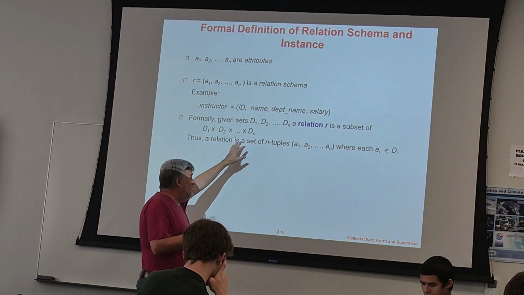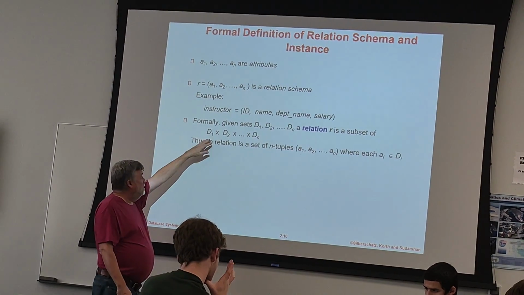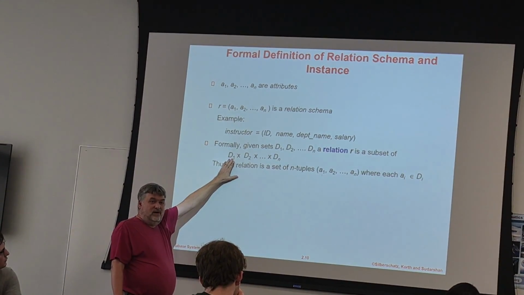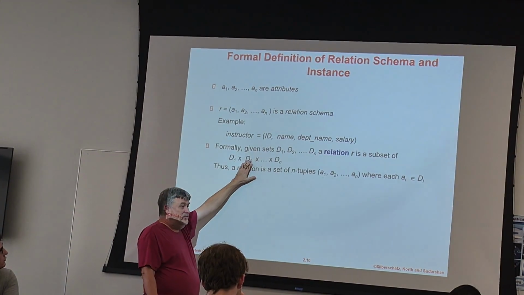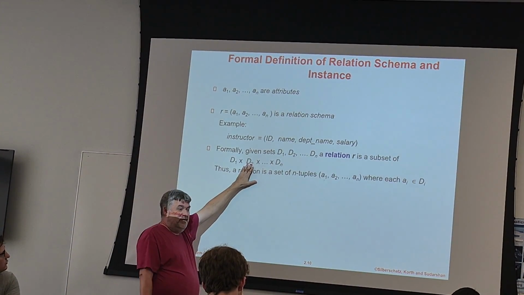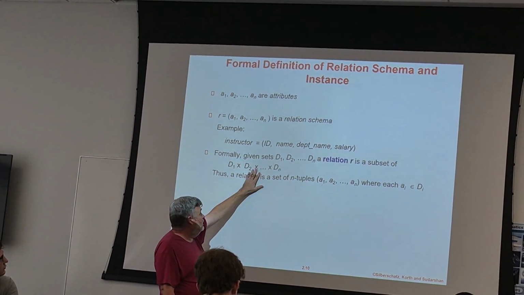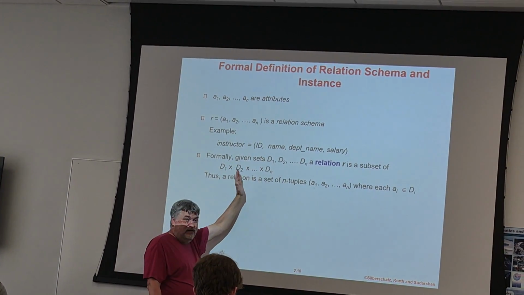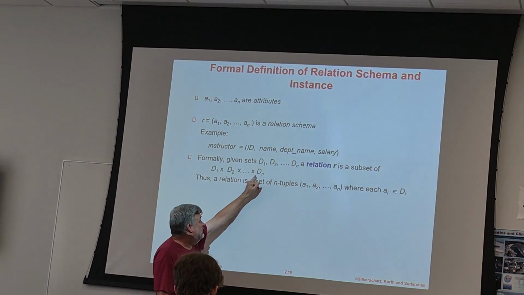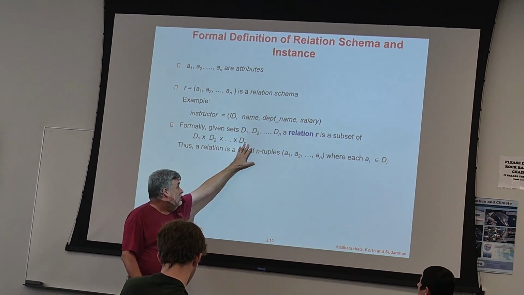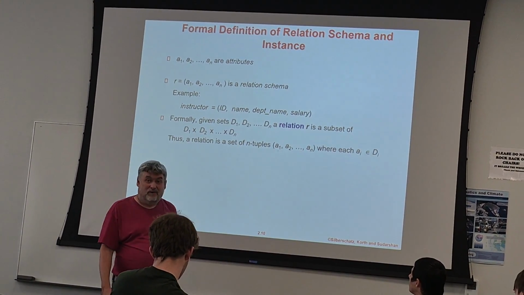A relation R is a subset of all possible valid values for domain 1, times all possible valid values for domain 2, times all possible values for every domain all the way out to the valid values for domain number n.